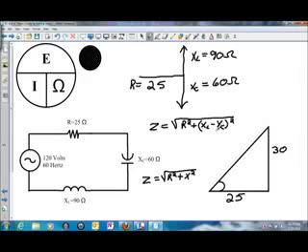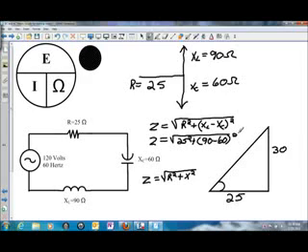Now, it does not make a difference just as long as whichever number is bigger, you're subtracting the smaller one from that. So you could place this in your calculator as the square root of 25 squared plus the difference of 90 ohms of inductive reactance minus the 60 ohms of capacitive reactance, and square that.